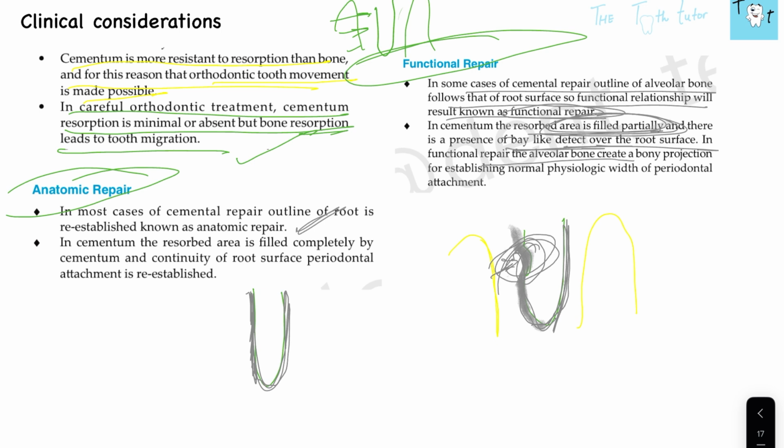Functional repair of the alveolar bone creates a bony projection for establishing normal physiologic width of the periodontal attachment. The bone wants normal physiology with your cementum, right? So the alveolar bone will also have this projection over here. So you have normal PDL attachment like everywhere else with this part as well. So this is about anatomic and functional repair.